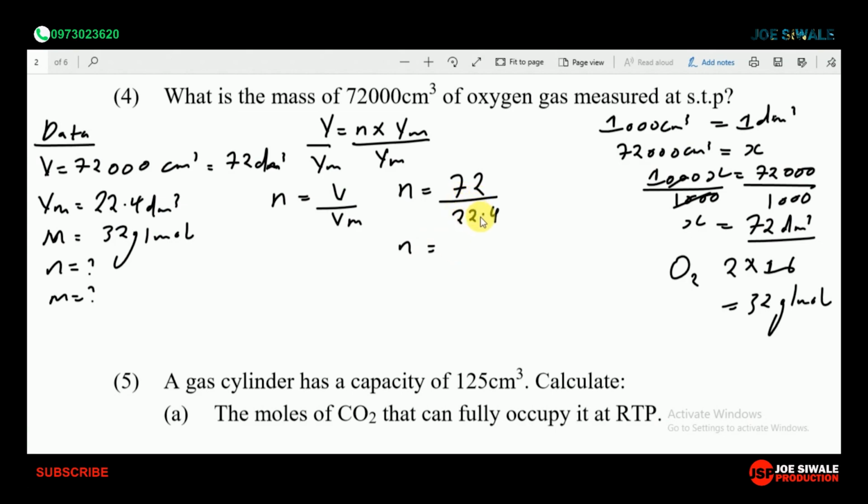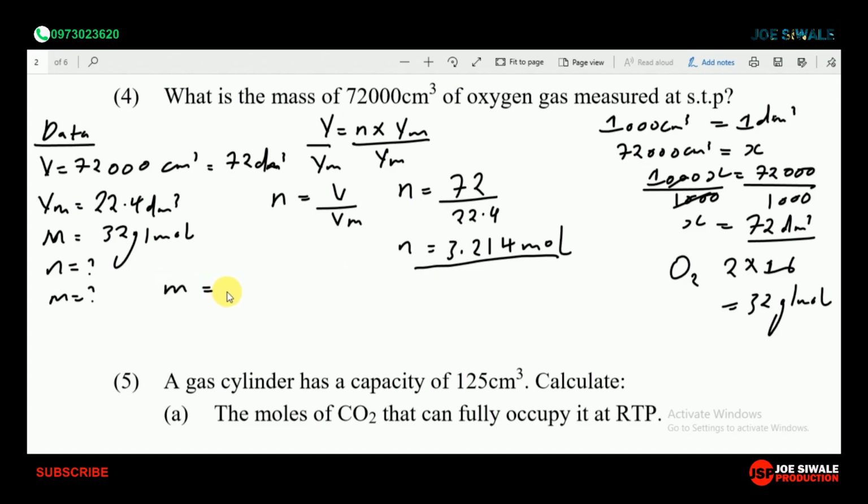So 72 divided by 22.4, we are going to have 3.214 moles. We know the number of moles as 3.214 moles. We can now calculate our mass.